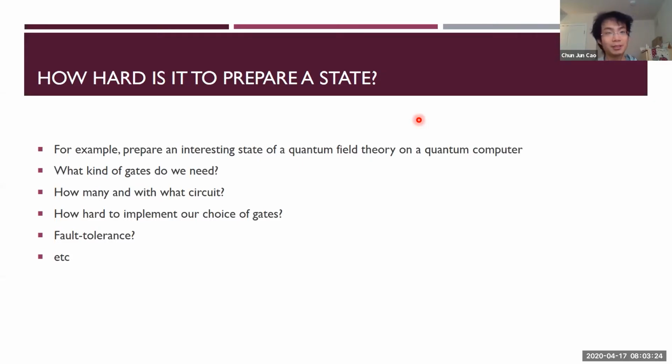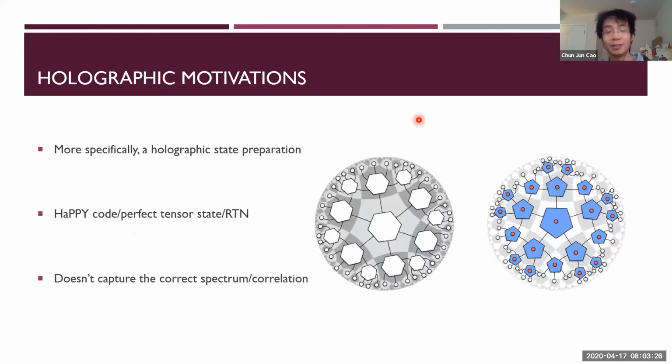But I think for this collaboration, there's also a very strong motivation coming from holography or from quantum gravity. A part of this is also related to state preparation in a sense. For example, we would like to understand how to prepare a ground state or some geometric state of a holographic CFT.